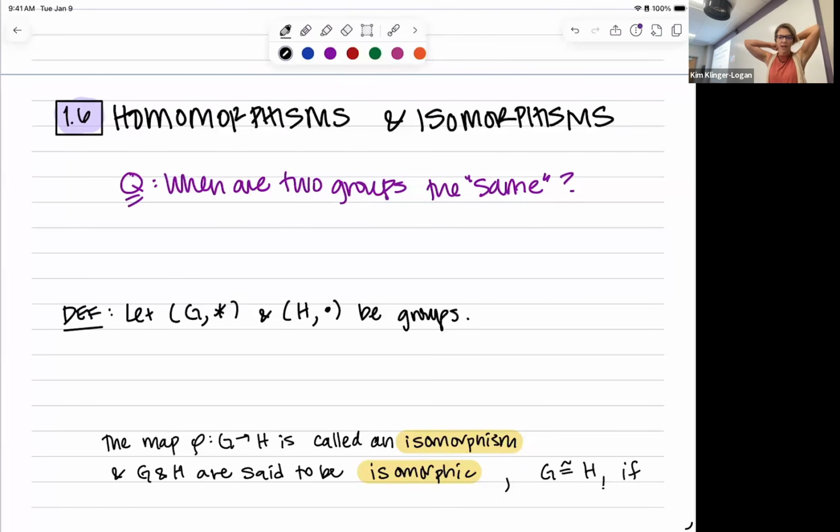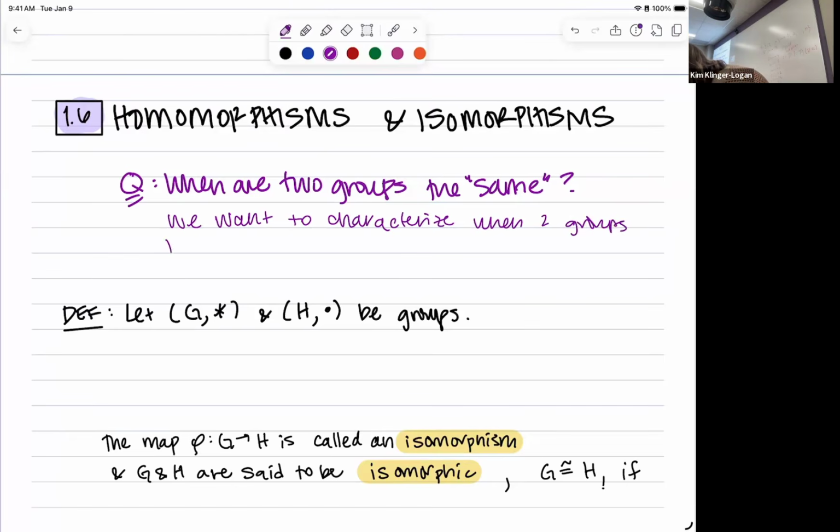In other words, we want to characterize when two groups have the same group theoretic structure. So what we're asking about is the structure and not so much the elements, right?